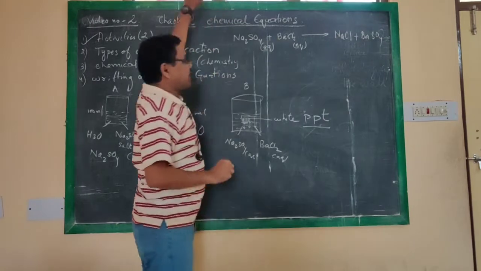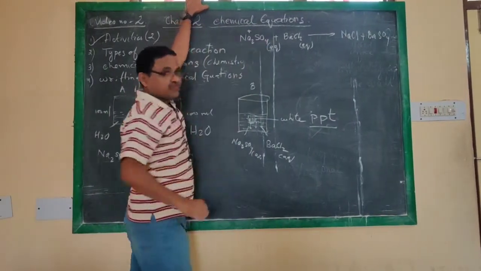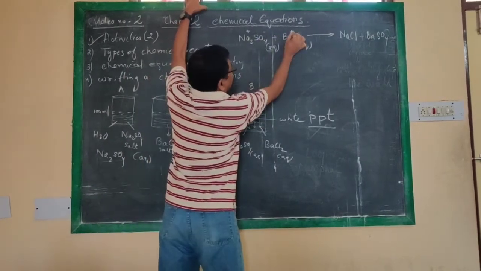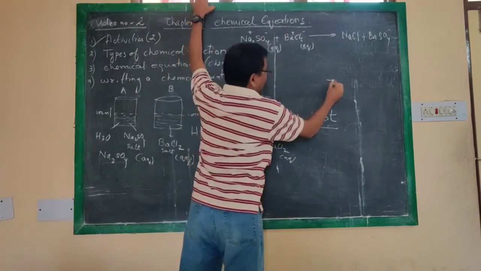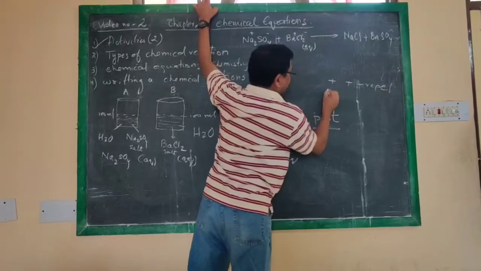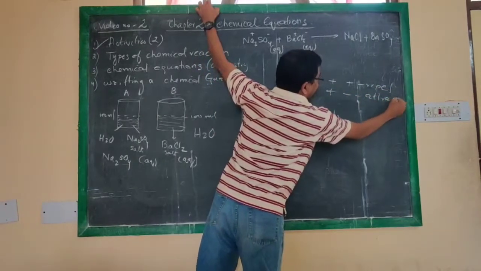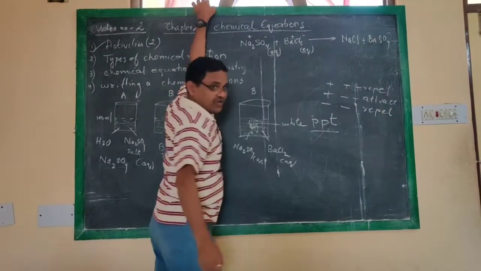How do we make reactions like that? Sodium, we know, is always positive because it is a metal. Sulfate is negative. Barium is positive, chloride is negative. Always we know positive and positive repel each other, positive and negative attract each other, negative and negative repel each other.